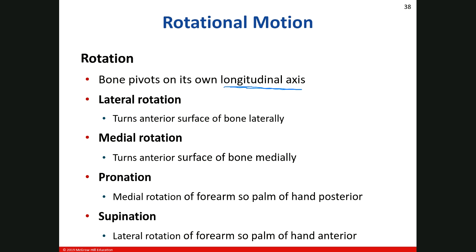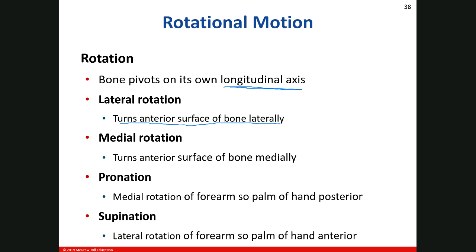So when we're talking about lateral rotation, the definition says it turns the anterior surface of the bone laterally. Well, what the heck? It's hard to imagine. So the best way I tell folks is, bring your elbows to 90 degrees.